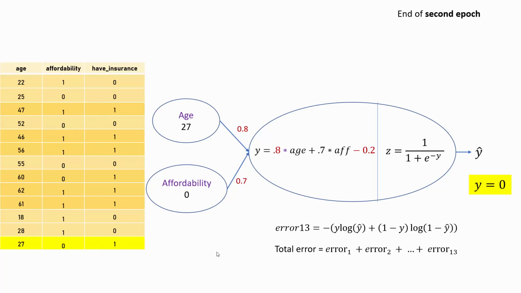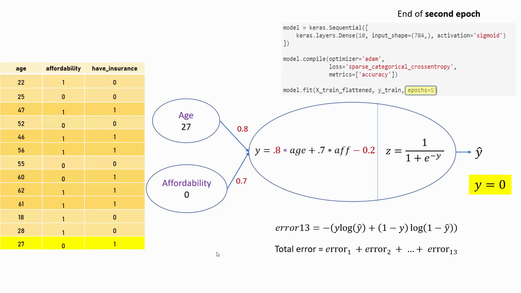So this is the second epoch, and if you remember from our handwritten digits classification neural network, epoch was one of the parameters when you called model.fit in your TensorFlow code. So we have looked at this before, and now you can kind of make sense of what this epoch is.